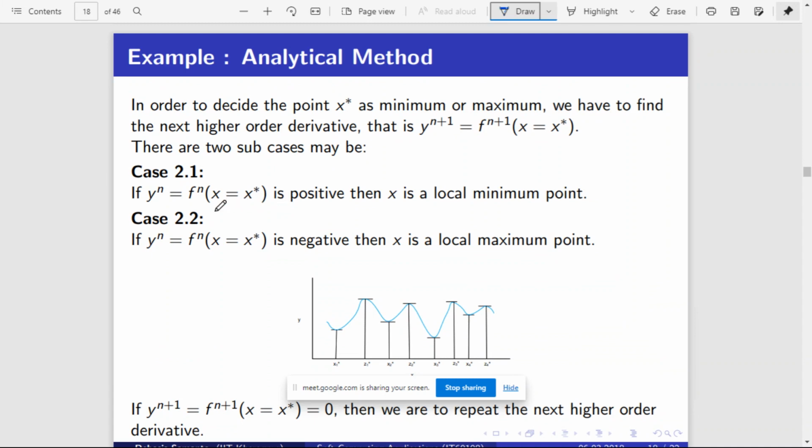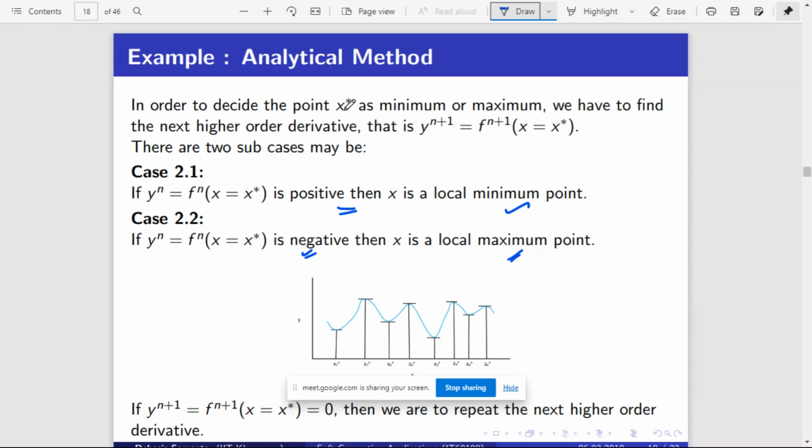Then you apply x is equal to x star, and you see what result you are getting. If the result is positive, then it is a minimum point. If the result is negative, then it is a maximum point. So this is briefly how the analytical method works.